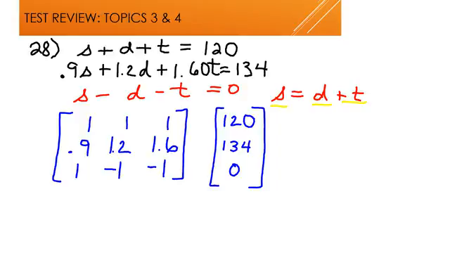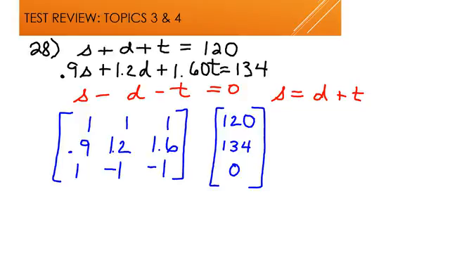Okay, so what I'm going to do is subtract the D and the T over to the other side, and then I get my equation. That'll give me what I need to set up the matrix.